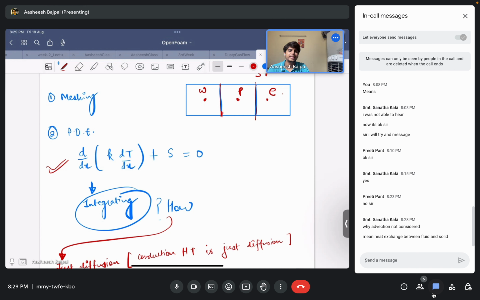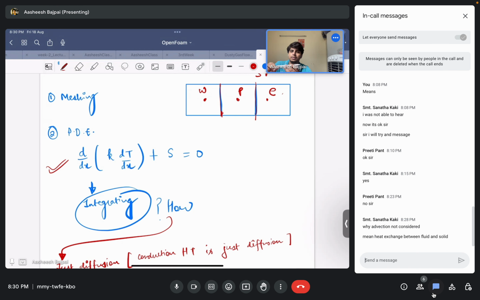Heat exchange can be between fluid and solid by conduction. Suppose I am blowing on a heated pencil. If I blow on this, it will take away the heat, but this is advection.